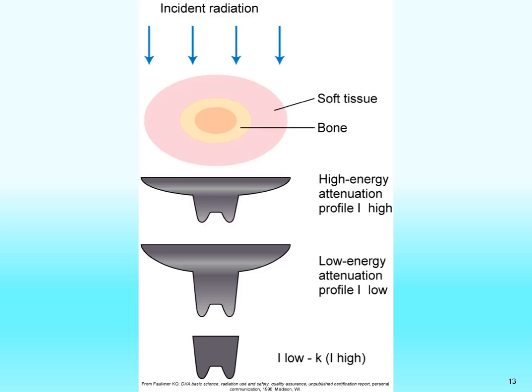Right, so what is that doing as far as the data set that you're capturing? Well, when you use high energy X-ray, it penetrates everything, so there's less attenuation everywhere. When you use low energy X-ray, there's more probability of absorption, and that absorption occurs maximally in bone tissue.